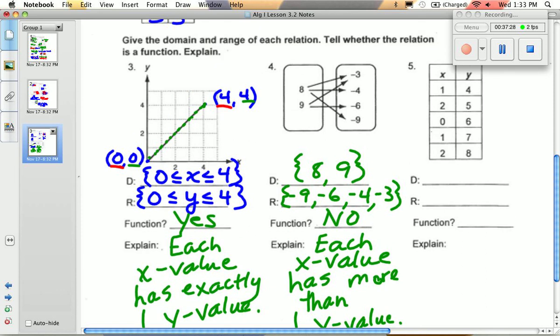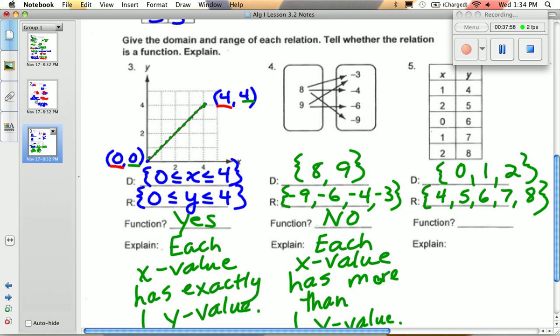Domain of this last one, number 5. What's its domain? 0, 1, 2. What's its range? 4, 5, 6, 7, 8. Now we're going to list all of those, because none of those were repeated, were they? Okay, is it a function? No. Why not?